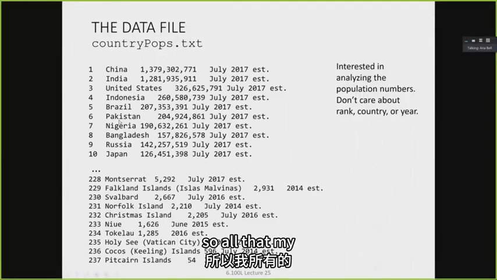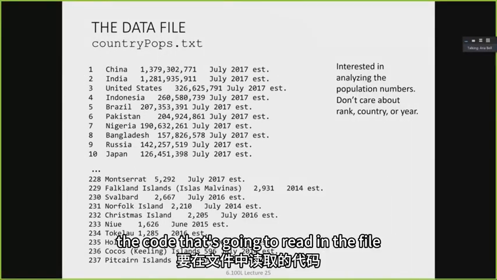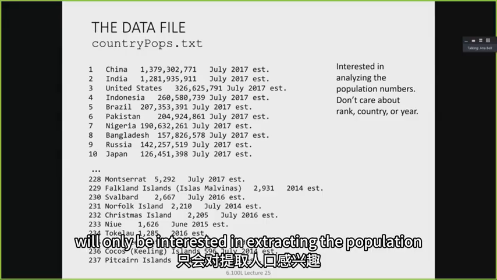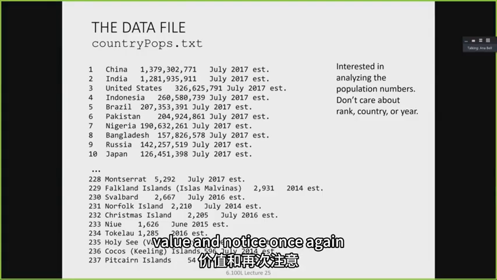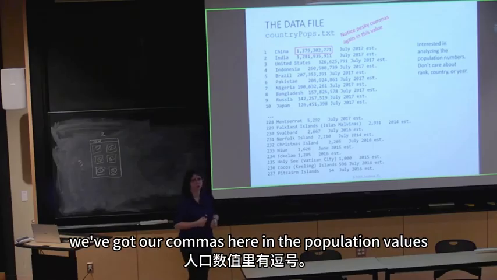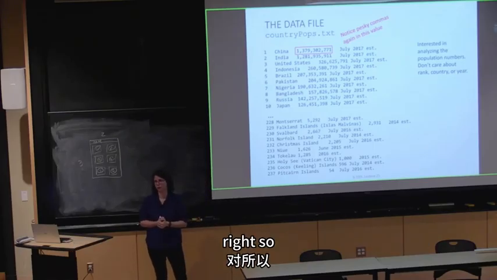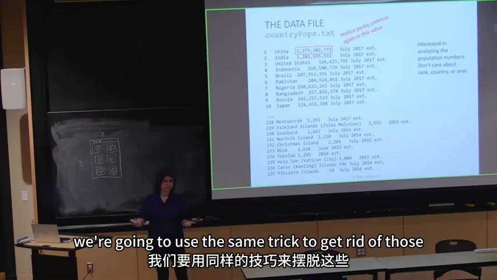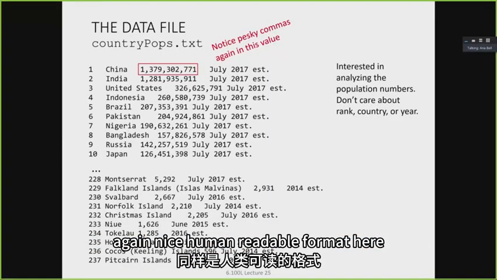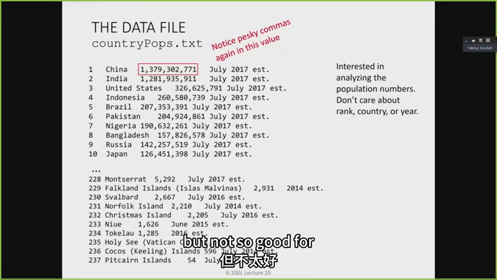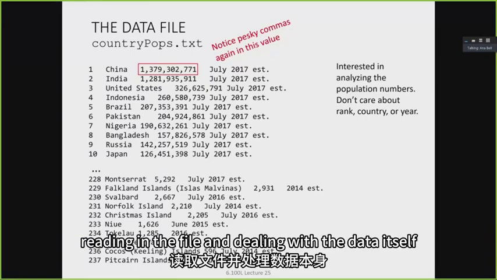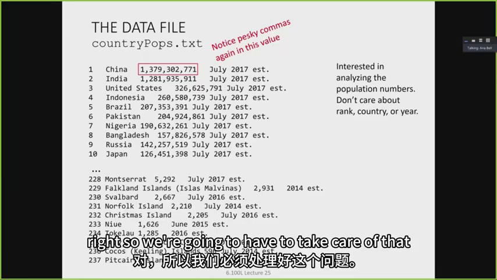So all the code that's going to read in the file will only be interested in extracting the population value. And notice, once again, we've got our commas here in the population values, right? So we're going to use the same trick to get rid of those. Again, a nice human-readable format, but not so good for reading in the file and dealing with the data itself, right? So we're going to have to take care of that when we read in.